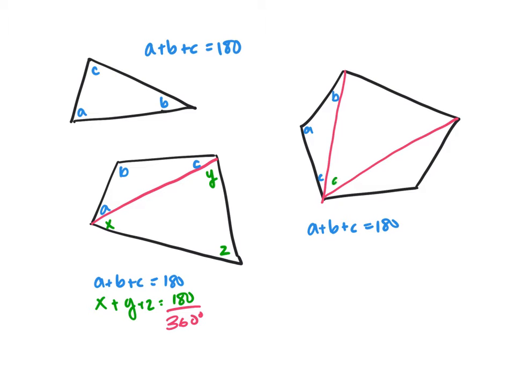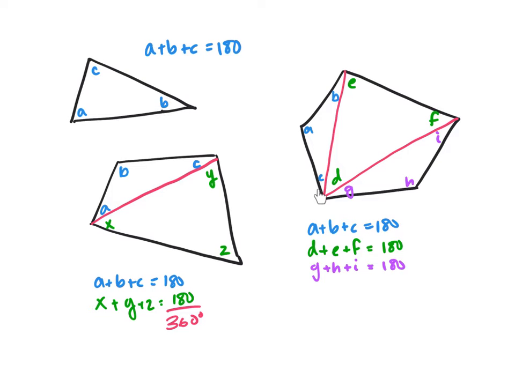And then I'd have D, E, and F degrees, and I know that D plus E plus F would equal 180. And then on this 3rd triangle, G, H, and I degrees, and I know that G plus H plus I would equal 180.